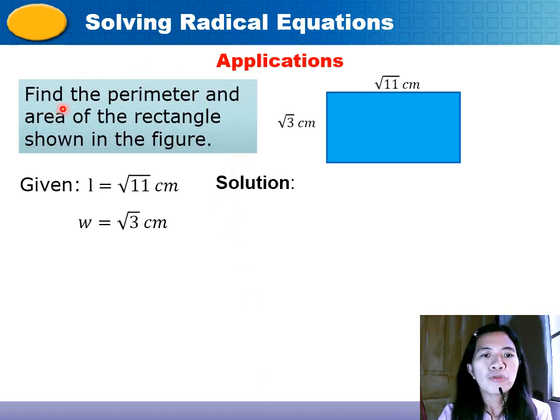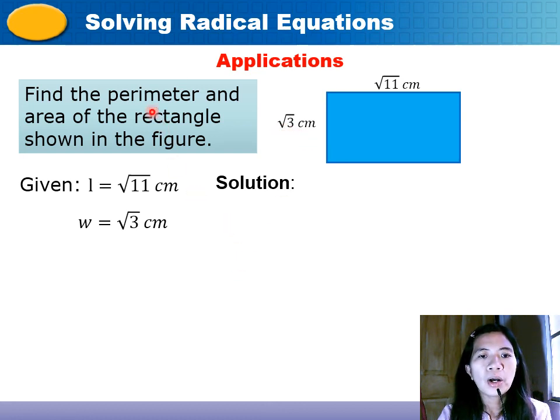Okay, find the perimeter and the area of the rectangle shown in the figure. So we have another figure. The length is square root of 11 centimeters and the width is square root of 3 centimeters.